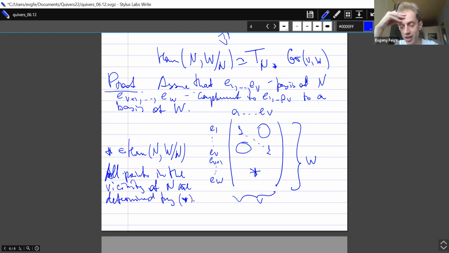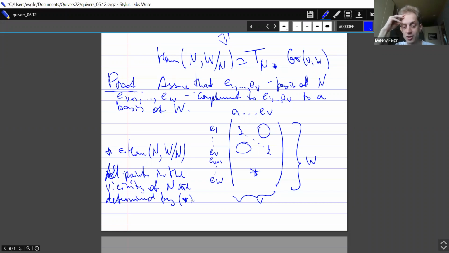You see, if I consider the matrix which we have on the screen now, then the columns of this matrix span a V-dimensional subspace of W. And if the star matrix is 0, then the subspace is exactly our N. Otherwise, this is some subspace which is close to N. I want to say that these star matrices determine the tangent space to the Grassmannian very explicitly.